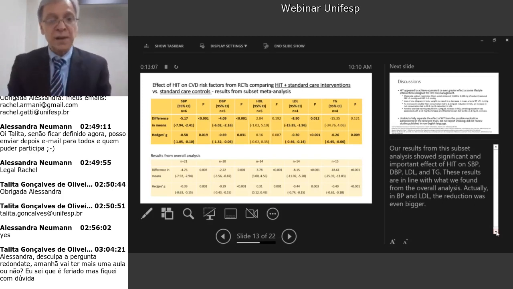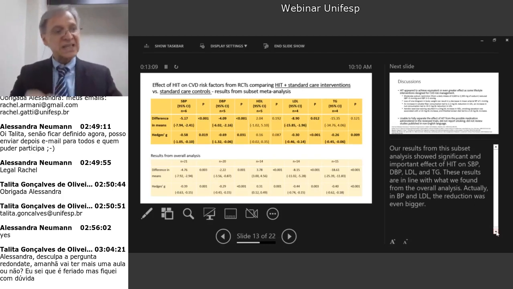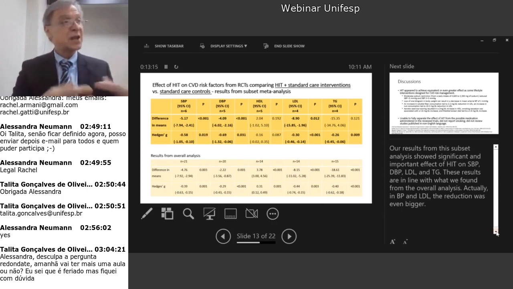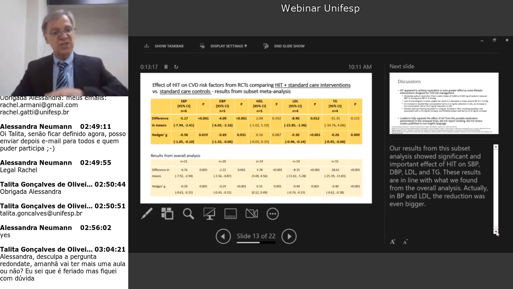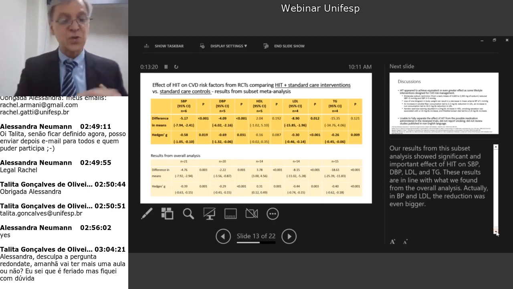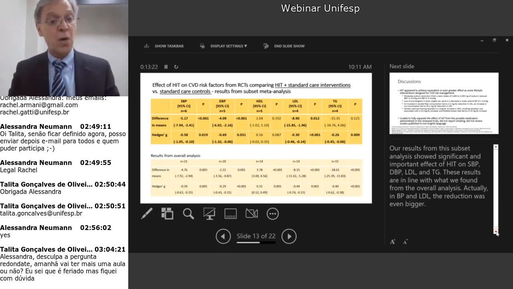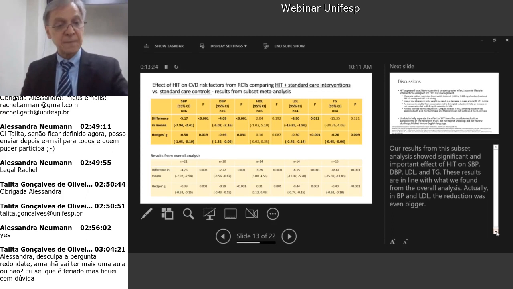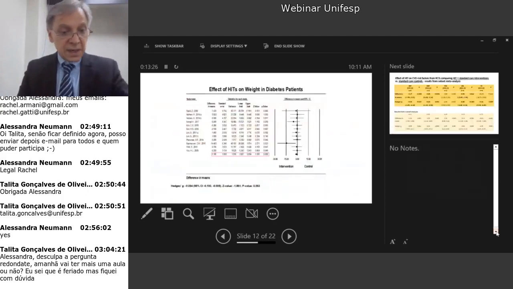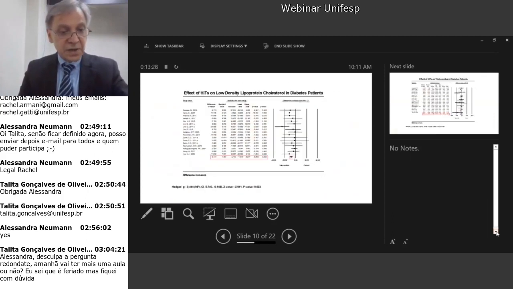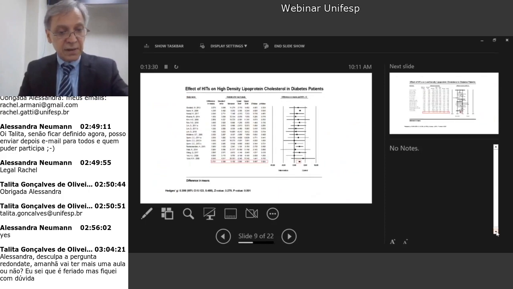So that's reassuring. You're doing a sensitivity analysis of something that could have affected the results. It could be an effect modification because I'm mixing the HIT with standard care, and the other one is just standard care control. I was able to derive that from some of the studies, but not all. You see the numbers reduced. In the original, I have, let me see here, on this one a lot, maybe 15 papers, 17, 20.